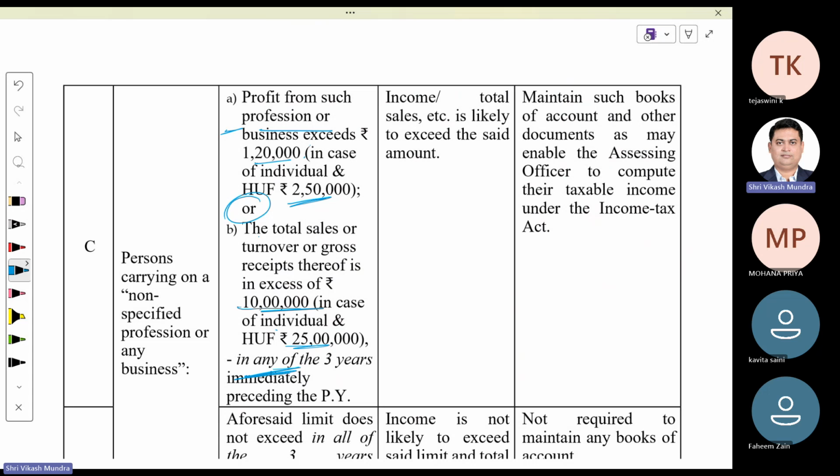However, if I am an individual or HUF, then in any of the last 3 years, my profit from such business or non-specified profession exceeds rupees 2,50,000, or my turnover exceeds rupees 25 lakh in any of the last three previous years, then I'm supposed to maintain books of accounts, those books of accounts which enable my assessing officer to compute my tax liability.